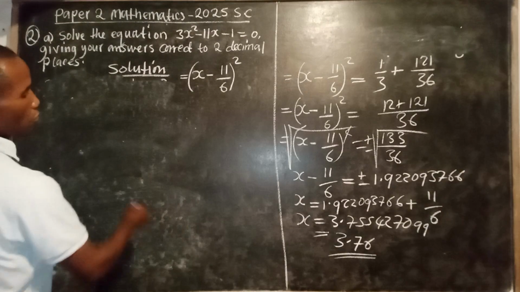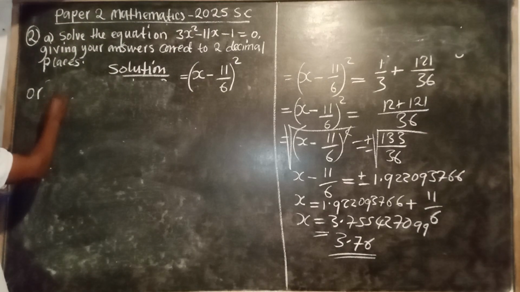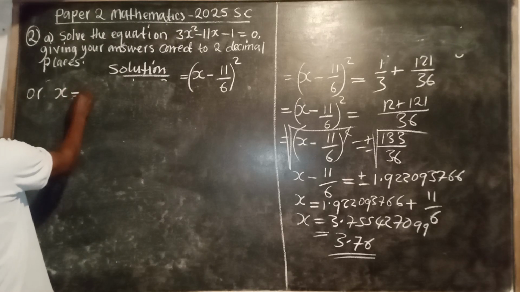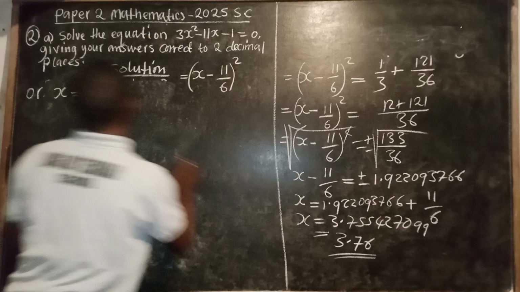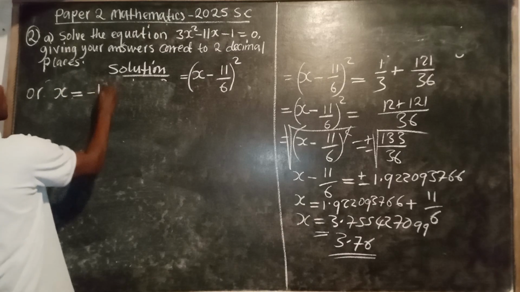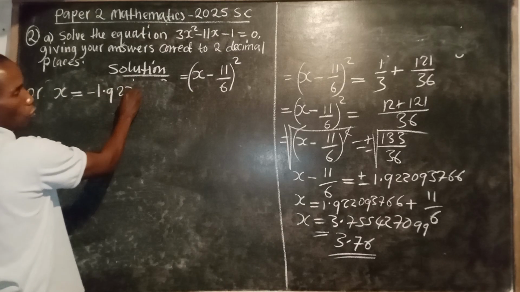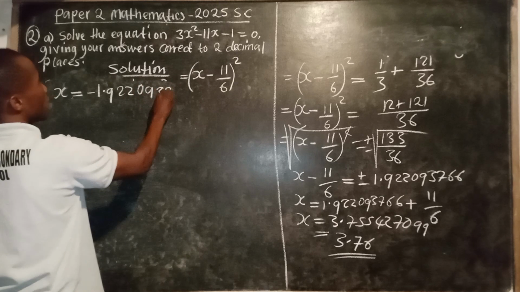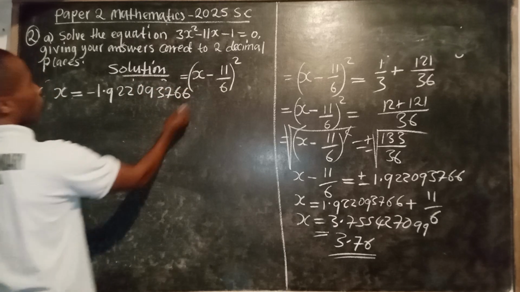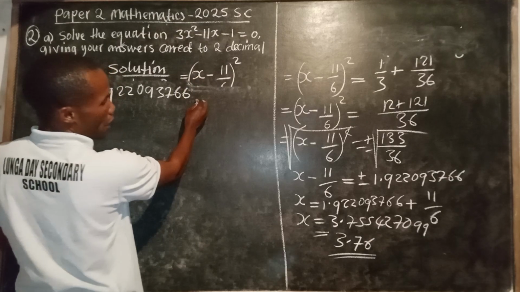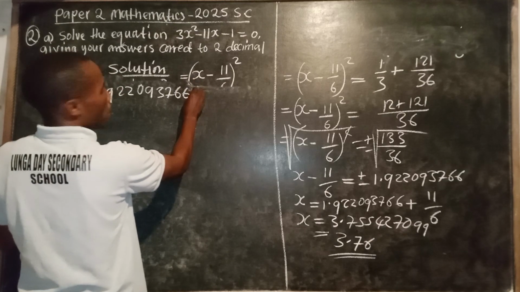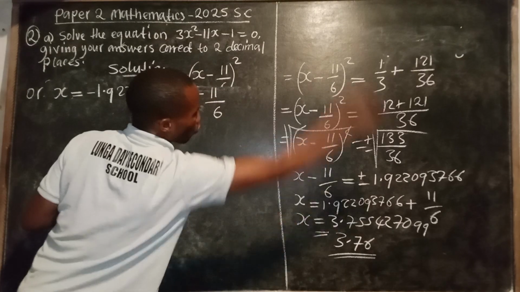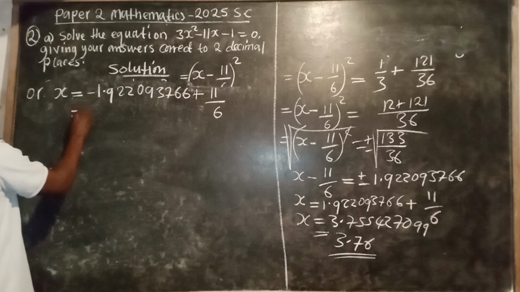So there I'll say, or x is equals to, there's a negative now, so negative 1.92209 3766 plus 11 over 6. This one will cross an equal sign again.